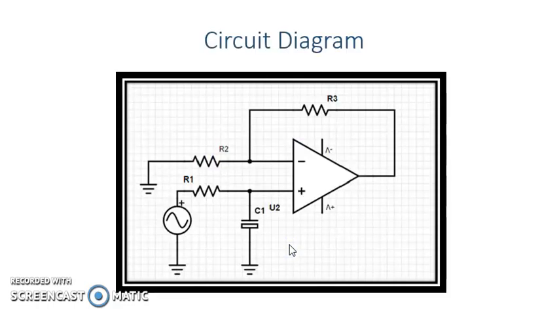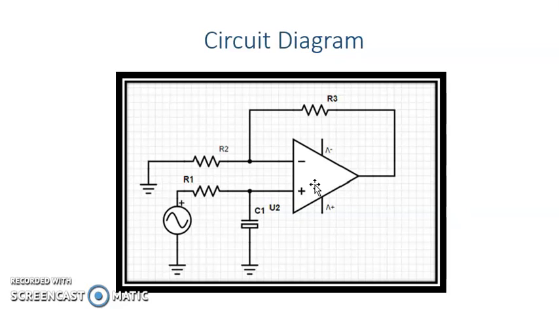So this is the circuit for active low pass filter. You can see that this R1 and C1 is the same as the one which made up the passive low pass filter. So this passive low pass filter consisting of R1 and C1 is connected to an active device, that is op amp.